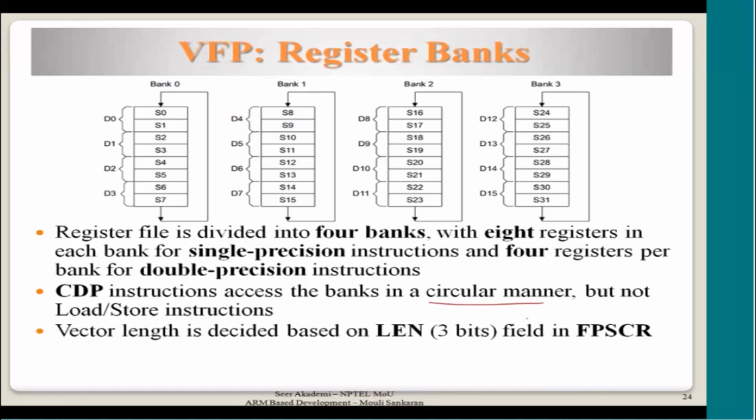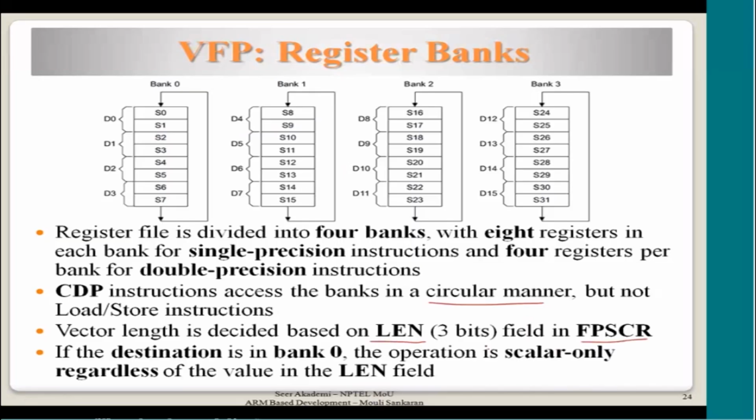Vector length is decided by the length field in FPSCR. I mentioned that to you. Another difference is that if the destination register happens to be in bank 0, irrespective of the value in the length field, it will treat it as a scalar operation. I'll give you an example.